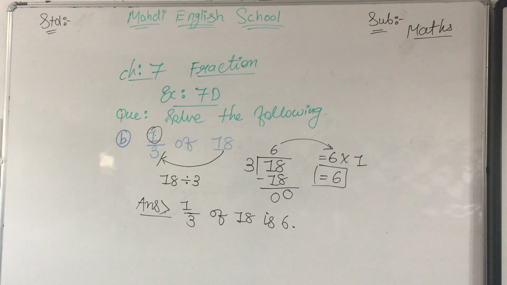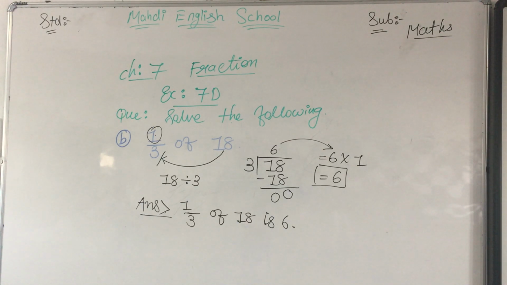So first of all we write the question, then 18 divided by 3. What are we writing there, my dear students? You are writing 18 divided by 3. Okay, and then you do the division. Then you do the subtraction, 18 minus 18. 18 minus 18 is equal to 0.